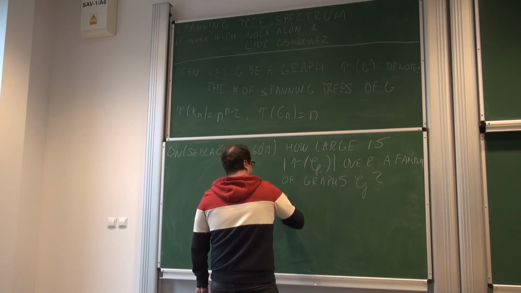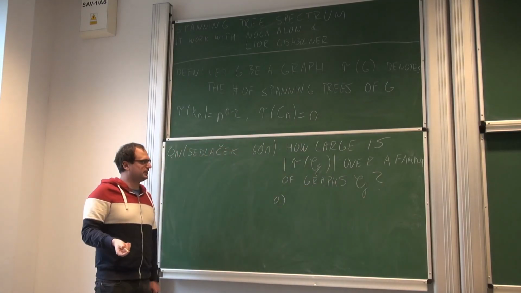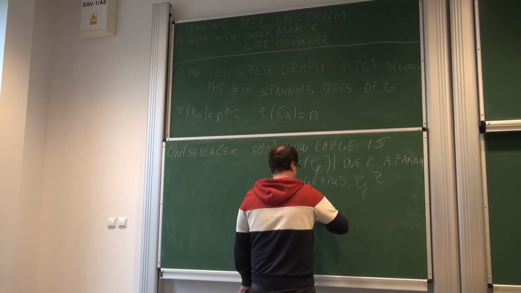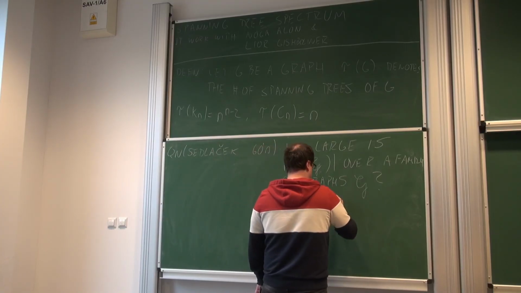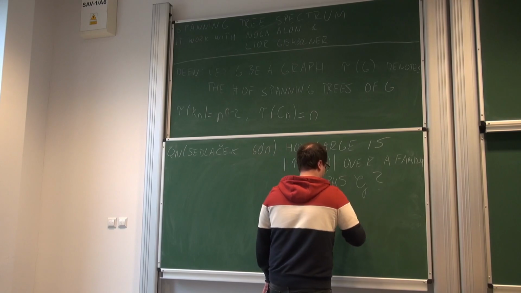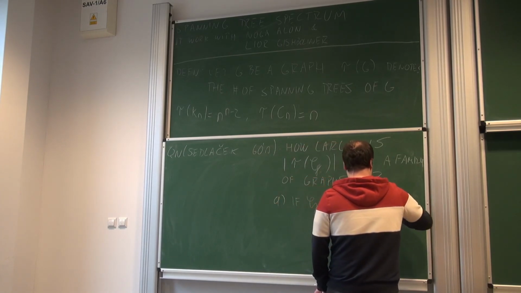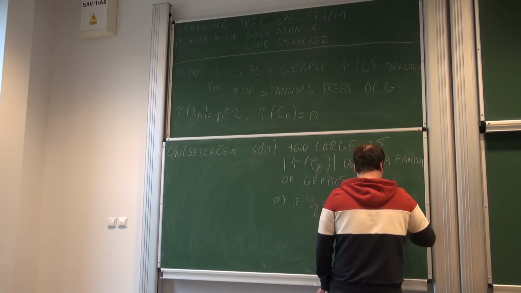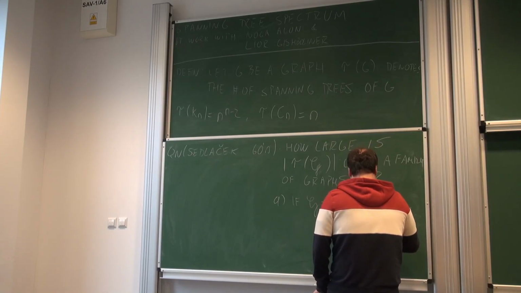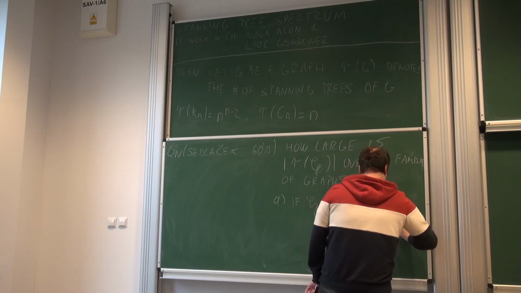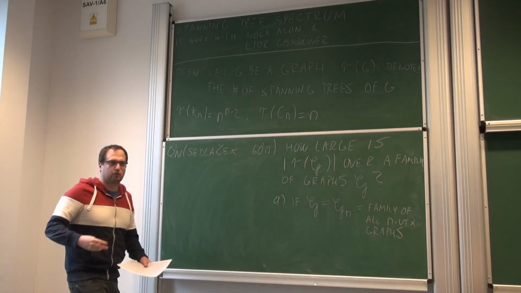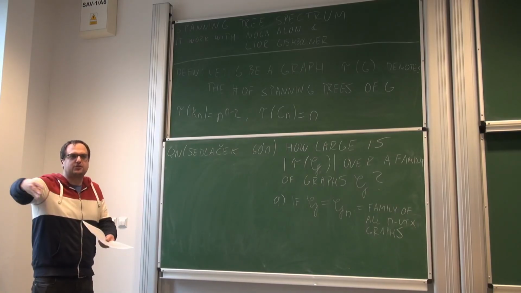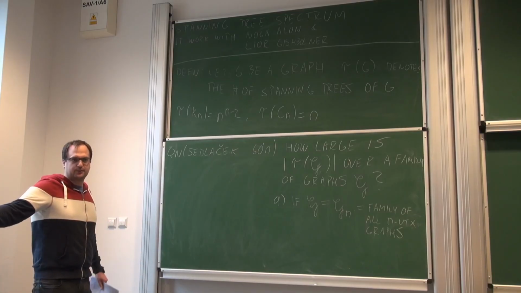He asked it for three very natural families. The first one is just all n-vertex graphs. You go over all n-vertex graphs, you input each individual into this function, you get a bunch of numbers. How many different numbers do you get?